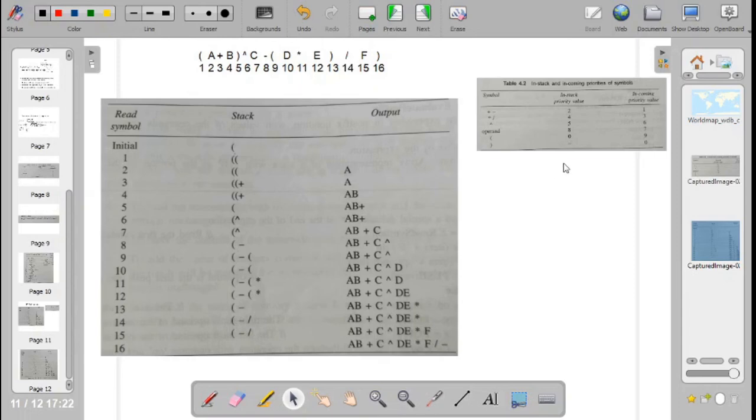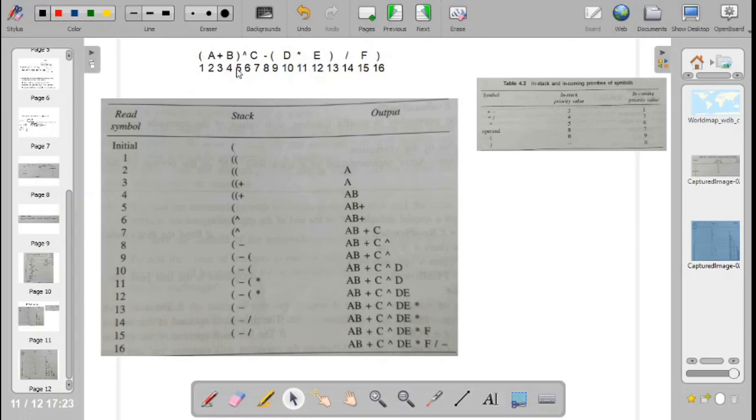The in stack priority of whatever is on top of the stack, the opening bracket, is 0 and the incoming priority of plus is 1. Again, we have a lower priority on the stack, which means you have to push, right? So when symbol 3 is read, you push plus onto the stack, and the output doesn't change.